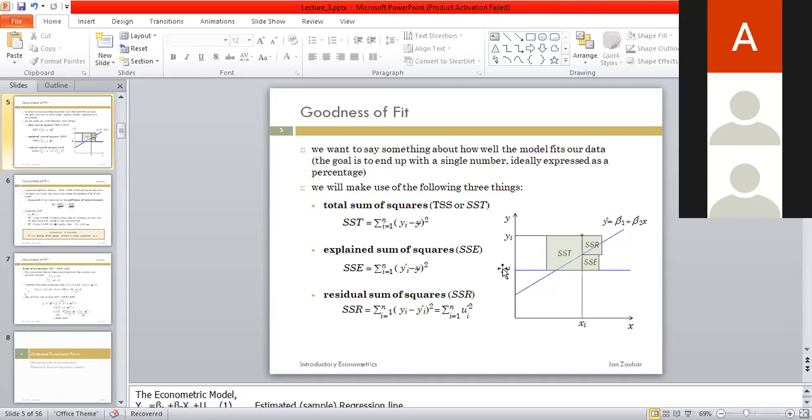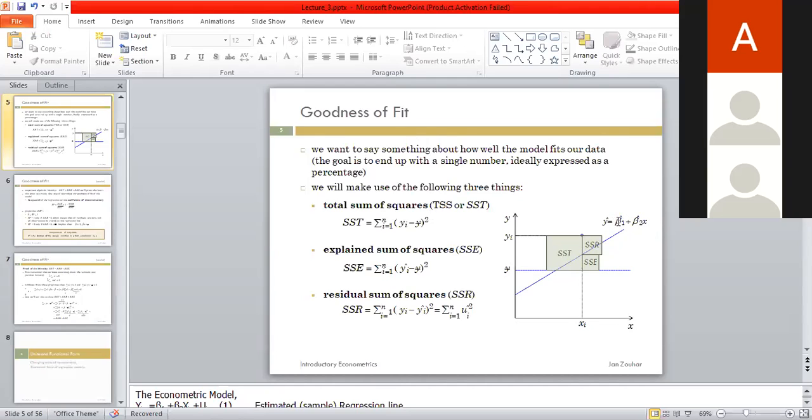Now, look at this line. So you have Y here, X there, okay? X on the horizontal, Y on the vertical. What is this line? This line is the regression estimated line.